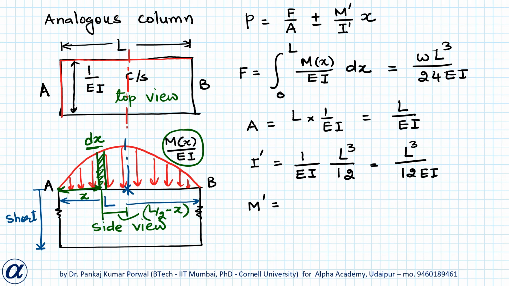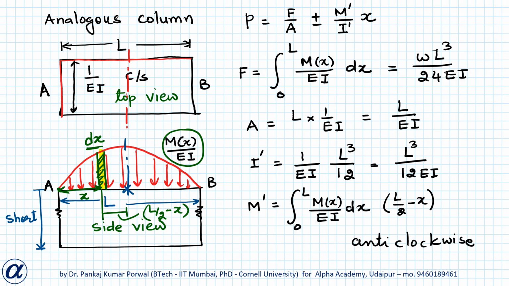So M dash will be integral from 0 to L Mx upon EI dx, that is the force because of this small strip, into the lever arm, that is L by 2 minus x, and this moment will be in the anti-clockwise sense.